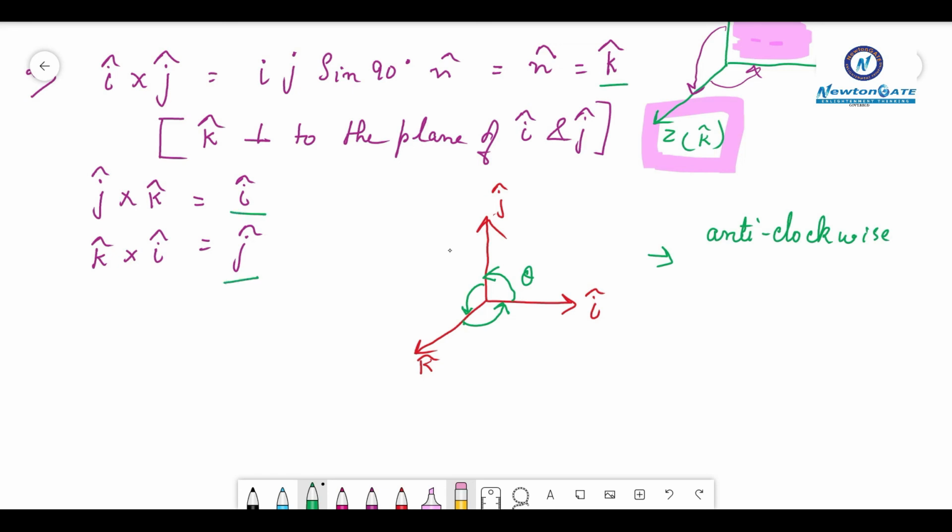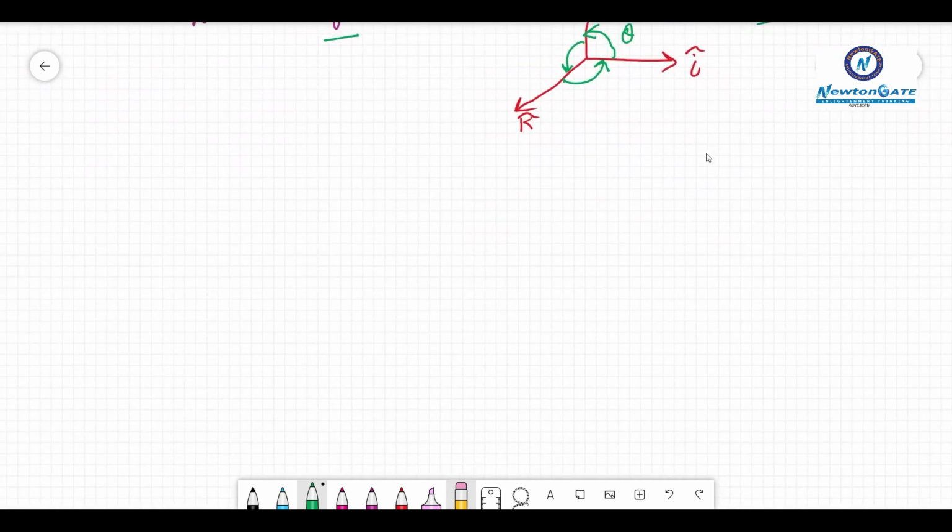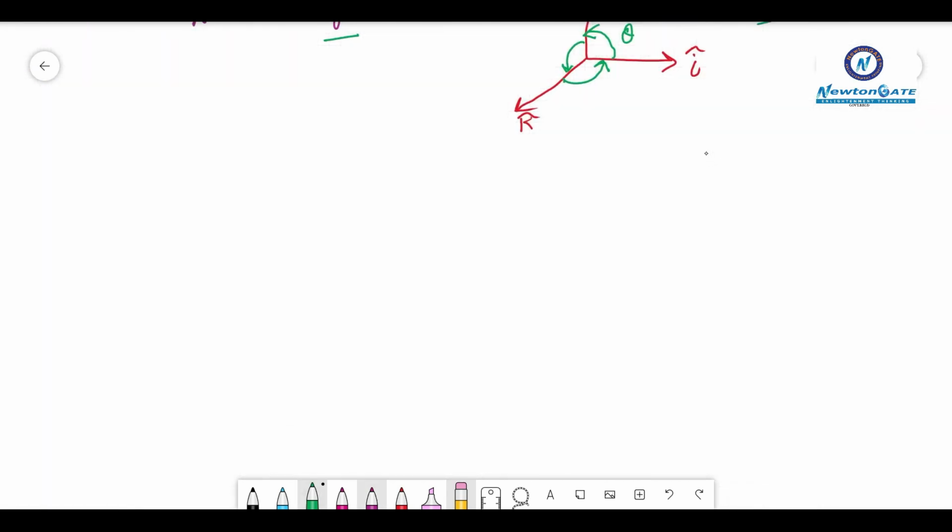Now if my direction is clockwise, that means if I write j cross i, it will give me n cap, k cap, but it will be negative.